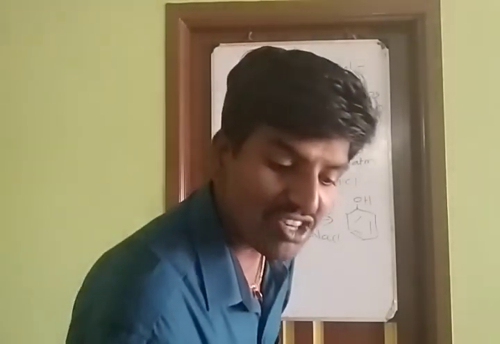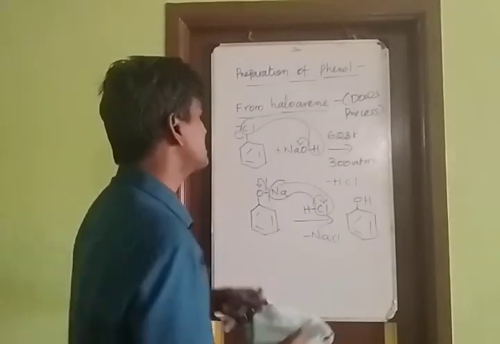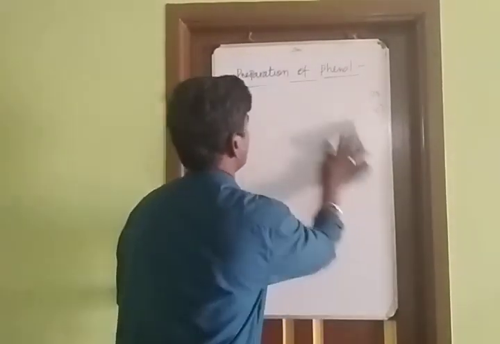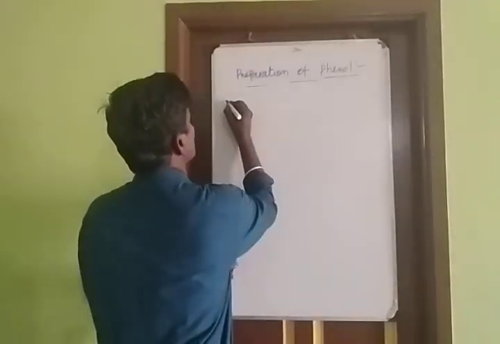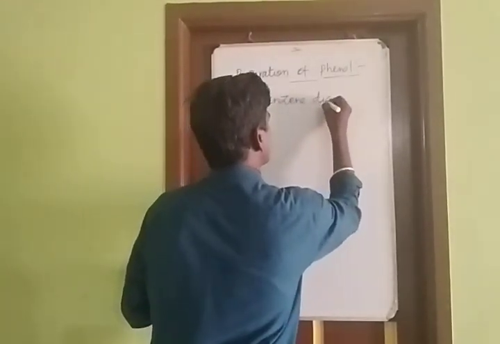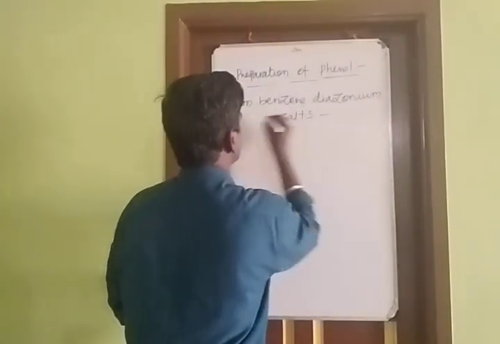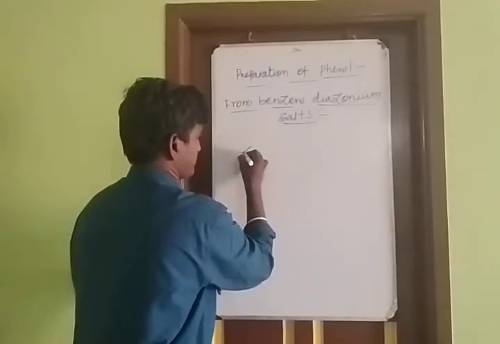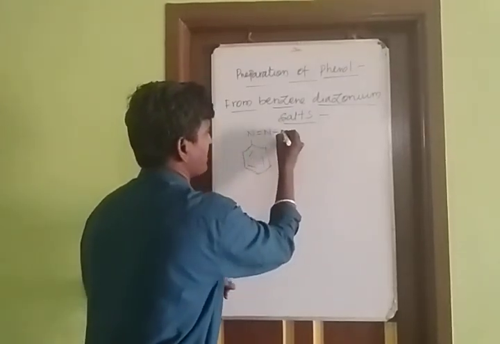Next one, preparation of phenol from benzene diazonium salt. I am going to prepare phenol from benzene diazonium salt, benzene diazonium chloride, C6H5N2Cl.